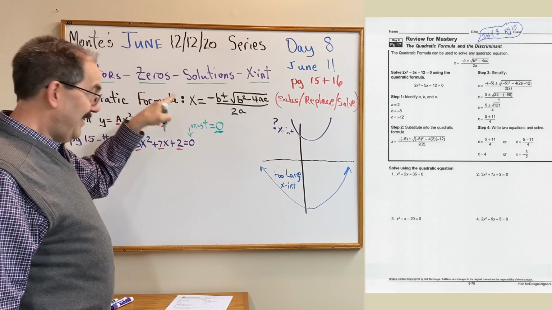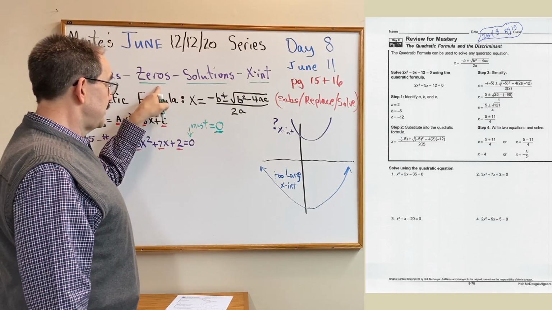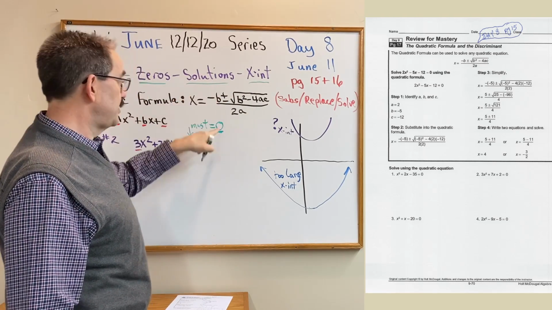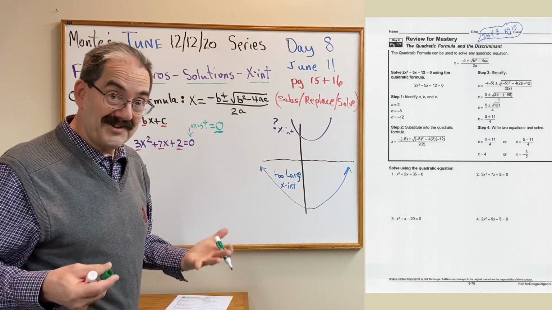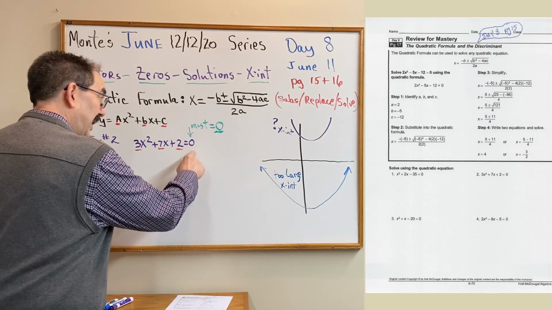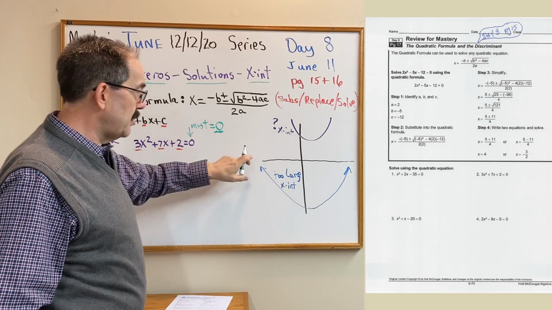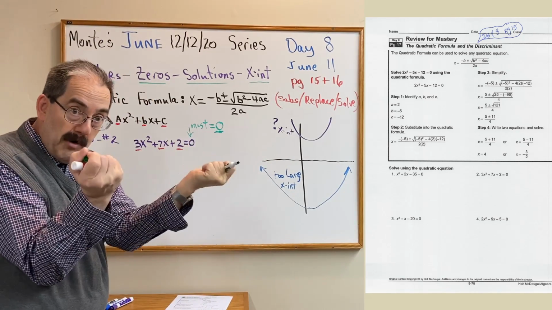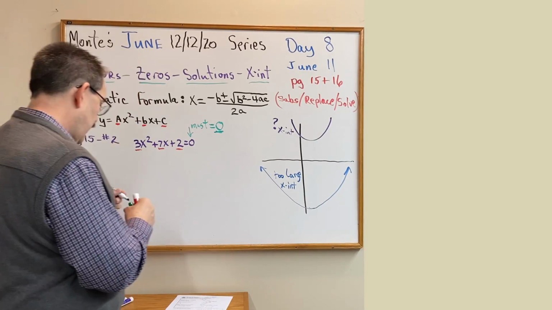The zeros are the x-intercepts. The zeros are the solutions. The zeros give us the factors. So don't forget, step 1, we want it in standard form, has to equal 0, because that's where there's no motion. That's where the base of the St. Louis arch is located.